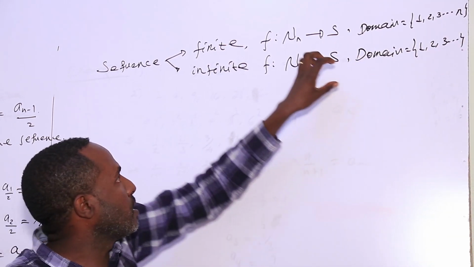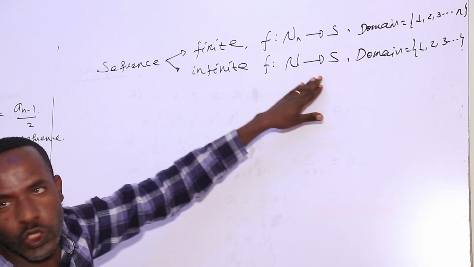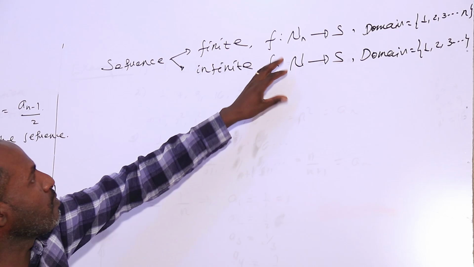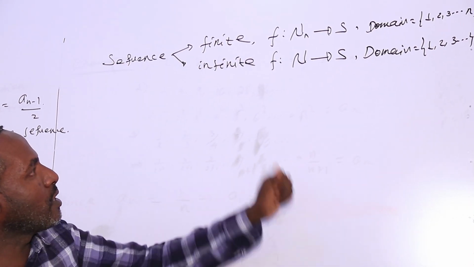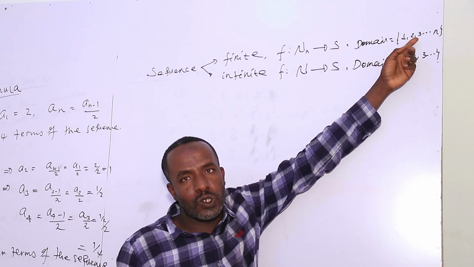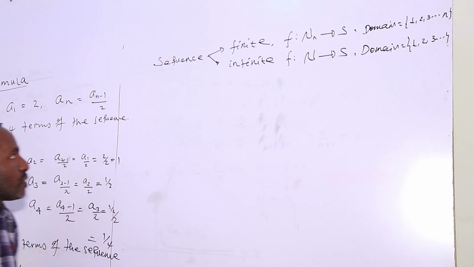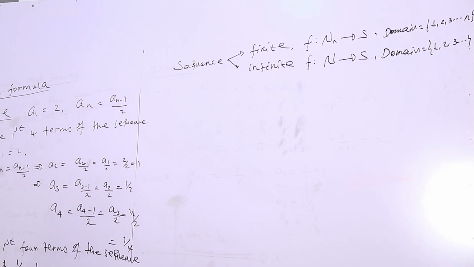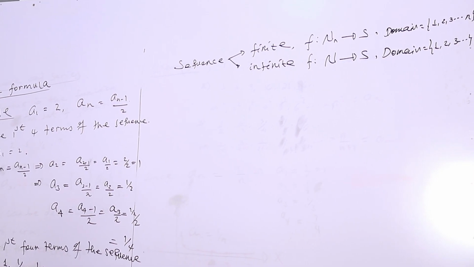So this is the case of an infinite sequence: our domain is the set of natural numbers. In the case of a finite sequence, the domain is a subset of natural numbers, so that we can determine whether the given sequence is finite or infinite.